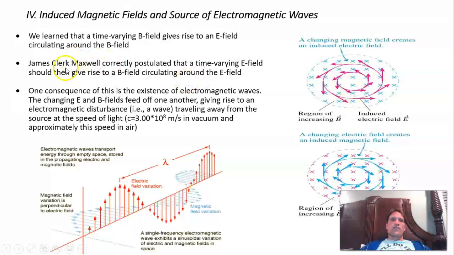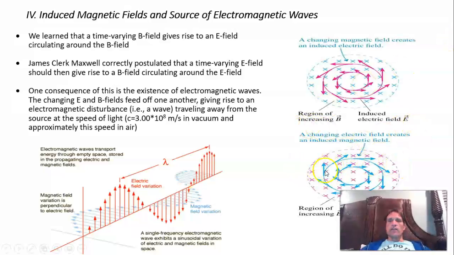Now, James Clerk Maxwell, who only 2 years after getting his undergraduate degree wrote a paper, correctly postulated in his research paper that if a time-varying magnetic field can induce a circulating electric field, then a time-varying electric field should be able to produce a circulating magnetic field, given the symmetry of the electric and the magnetic fields.